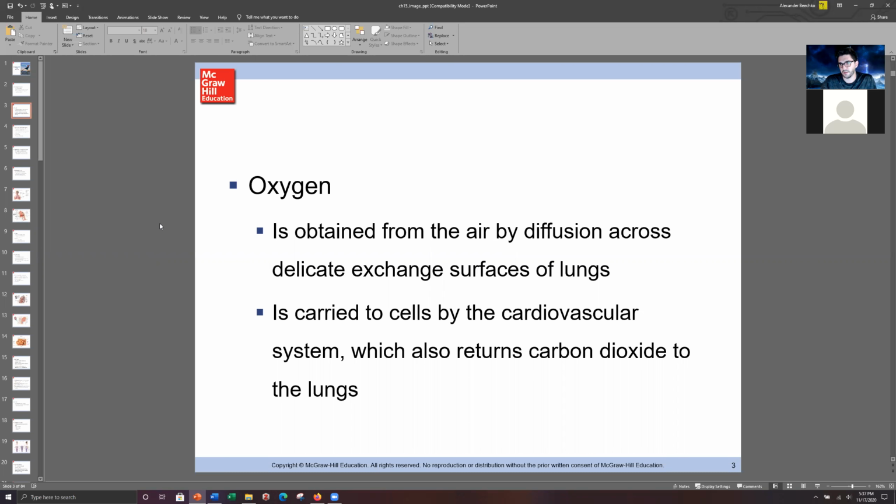Really, the cool thing that we can do with the second half of this lecture is you can reduce the mechanisms of gas exchange down to concentration gradients, except we give it some fancier names like pressure gradients instead. But really, it's the same concept that we've been talking about throughout the year. Okay, so oxygen diffuses into the lungs via those exchange surfaces that we call alveoli, and then ends up getting carried to the cells via the cardiovascular system, which will also return carbon dioxide back to the lungs.